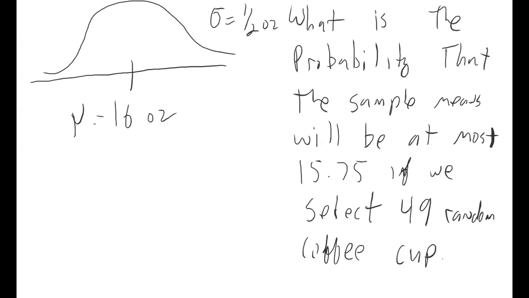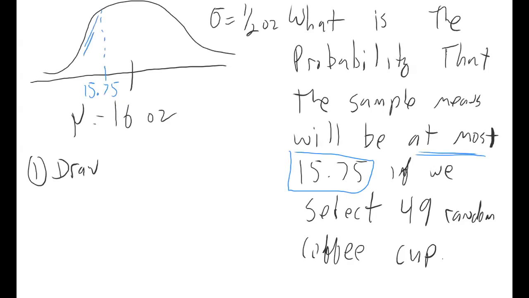So the steps are still the same. Step 1, we're still going to draw, right? So we take our X value of 15.75. We still have the words at most, so we're still coloring to the left. So Step 1 is done. We drew it.